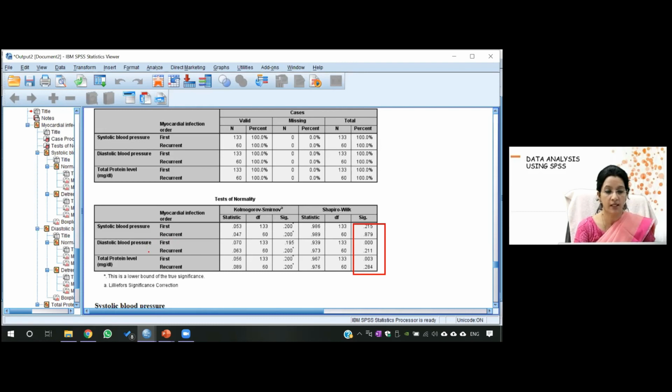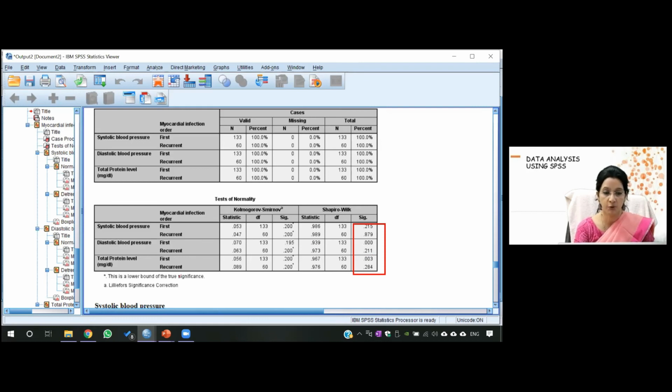If you come to diastolic blood pressure and interpret this, the first order is not following a normal distribution because the value is 0.0. If you go to the recurrent one, it is following a normal distribution because this value is 0.21, which is more than 0.05.